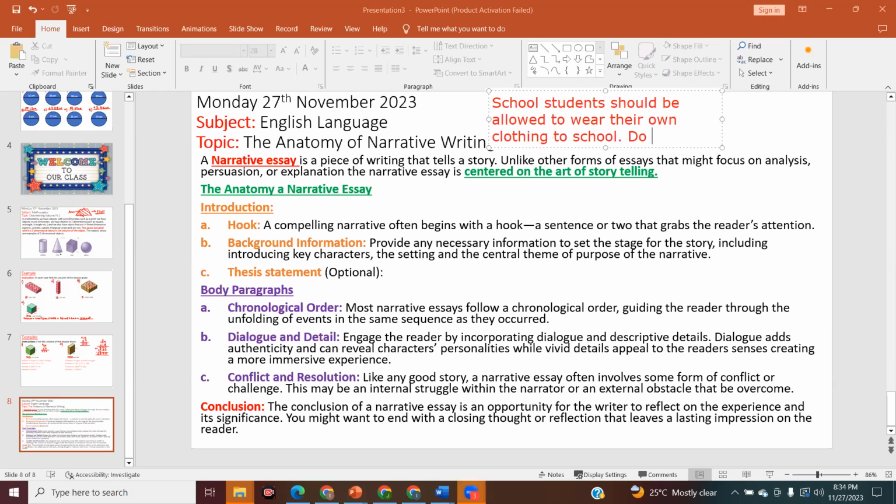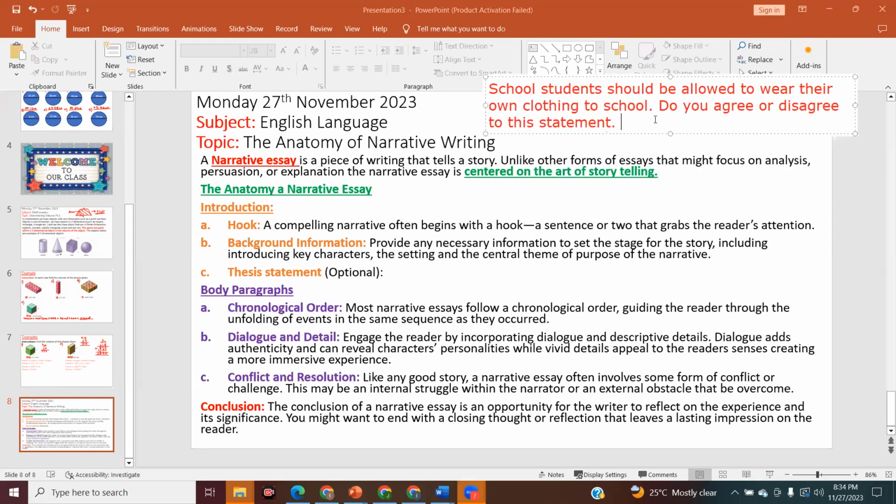Do you agree or disagree with this statement? Now tell me inside the chat, is this a narrative? If you think it's a narrative essay, put yes. If you think it's not a narrative essay, put no. All right.